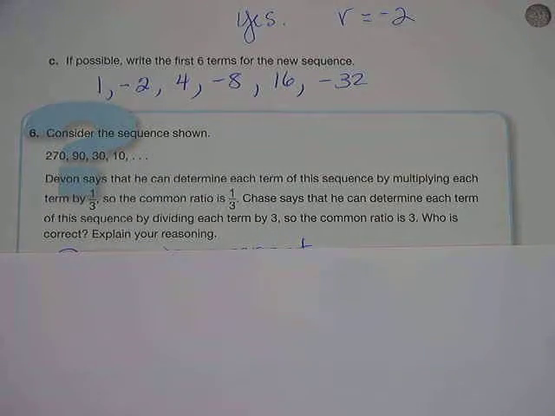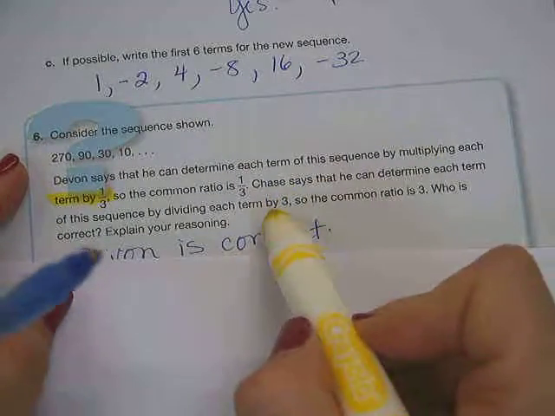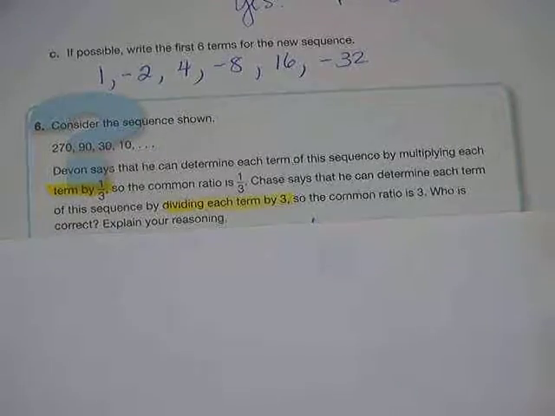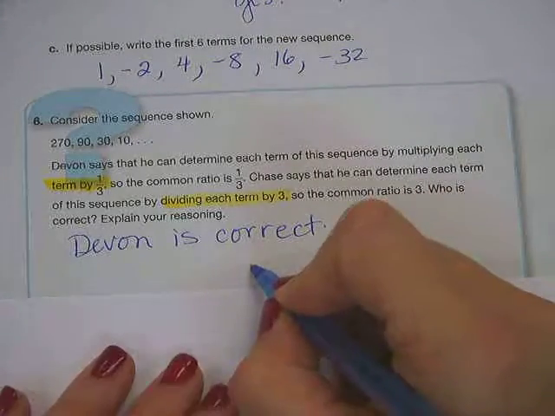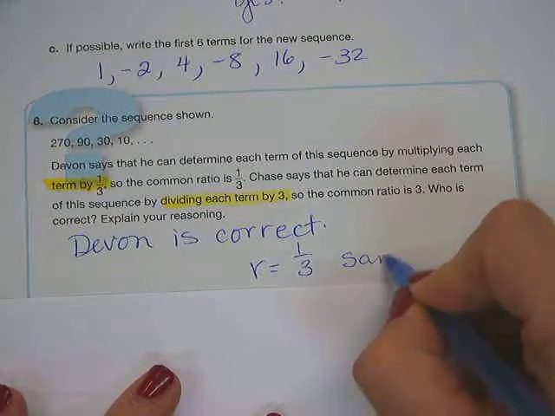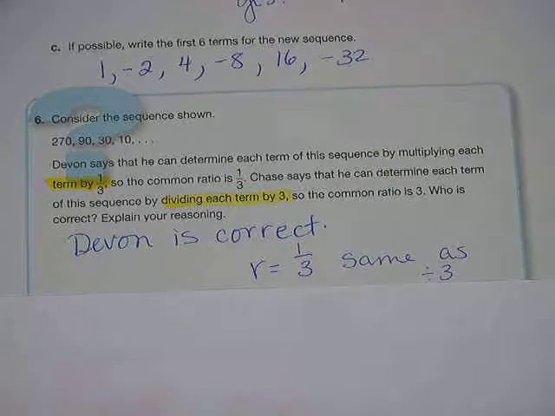They're correct in that you are multiplying by 1/3 or dividing by 3. The problem is defining common ratio. Common ratio is always what you're multiplying by. So technically, Devin is correct because r equals 1/3 is the same as dividing by 3.